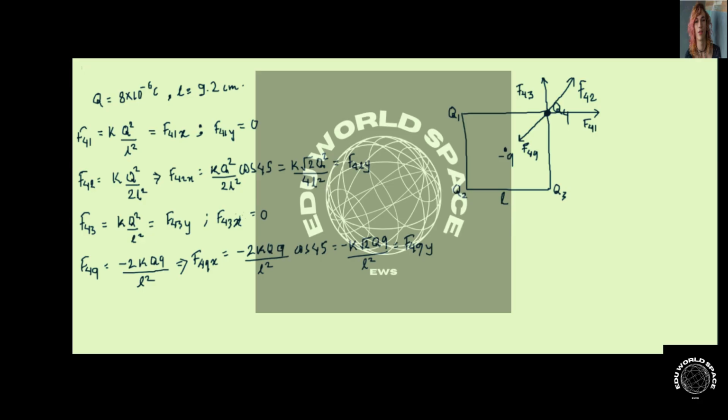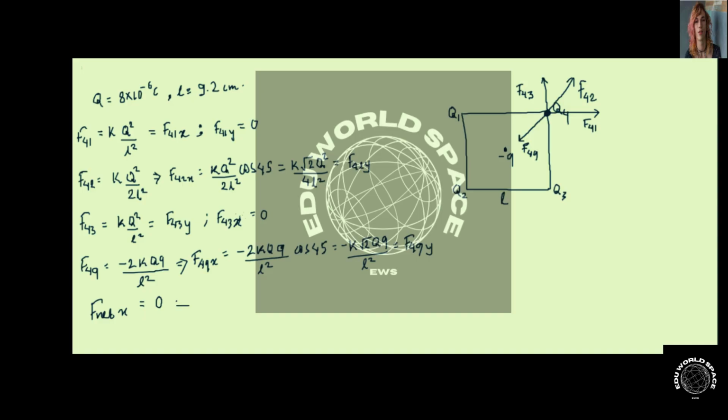Okay, now for the charge to be stable, we can either equate the y component to 0 or the x component to 0. So F net along x should be, of course, 0, right?